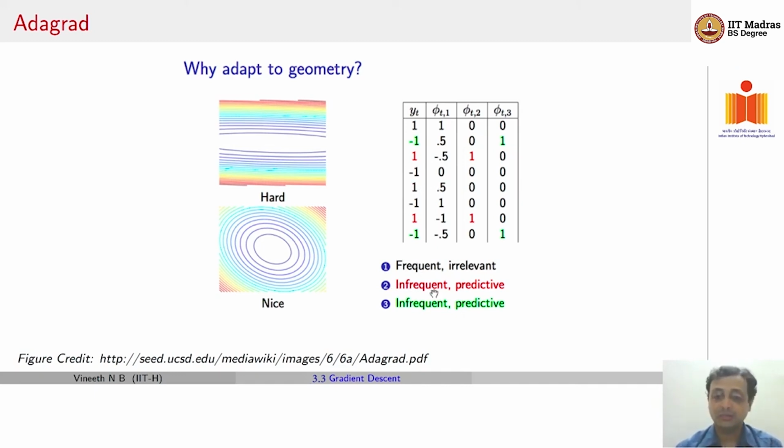While there could be other values such as red and green which change only once in a while. So you can see in phi t2, it doesn't matter here what these quantities are. This is only an example.